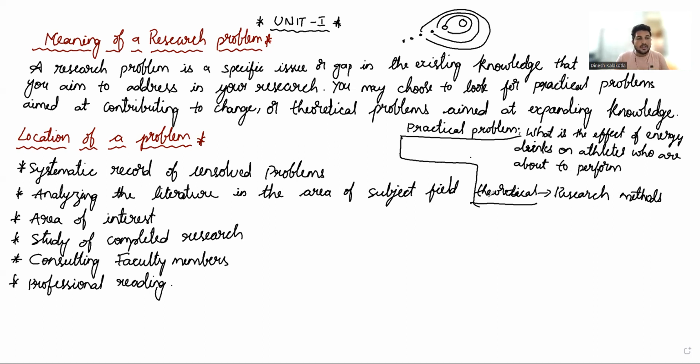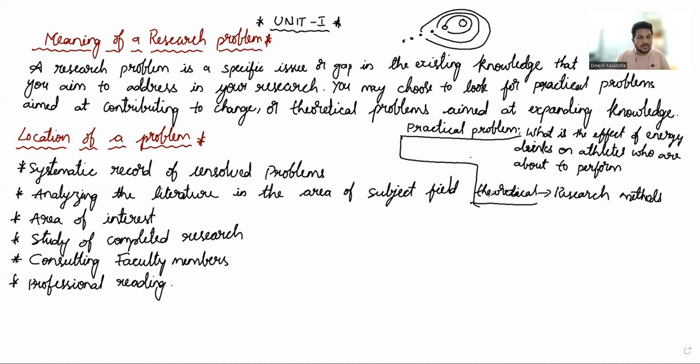A systematic record of unsolved problems only happens when you are reading or thoroughly going through that particular topic. It is only possible when you are reading the existing knowledge thoroughly. It is not that I have a question in my mind, so I'll just blindly observe it, write my observations, and give them to all the people in the field, and they will accept it.